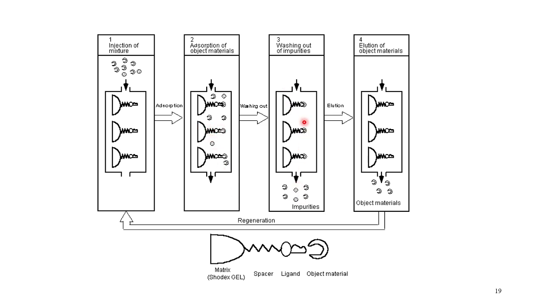The other impurities or contaminants are removed via washing, and then you use another substance that has a better affinity for this particular substance, and that is involved in eluting out your proteins. So it's not only affinity chromatography, but at the same time it undergoes competitive binding during elution.